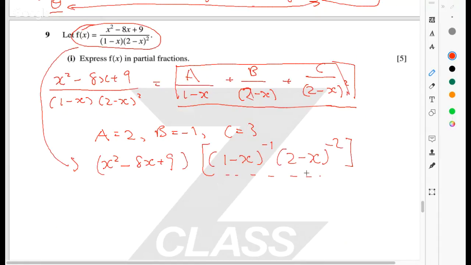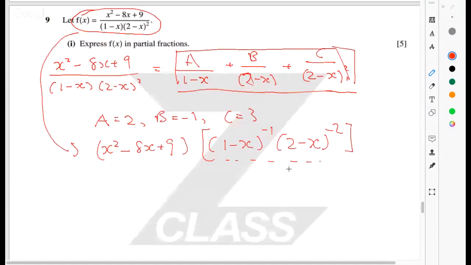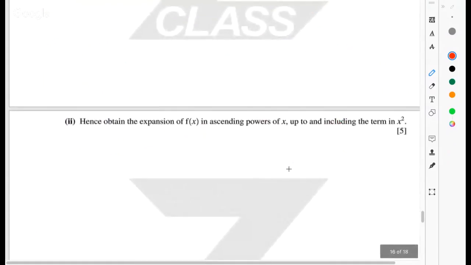Well, it's just really hard to do that in one go. But when you have broken things up into 3 nice looking fractions, it will really help you in this kind of binomial expansion.